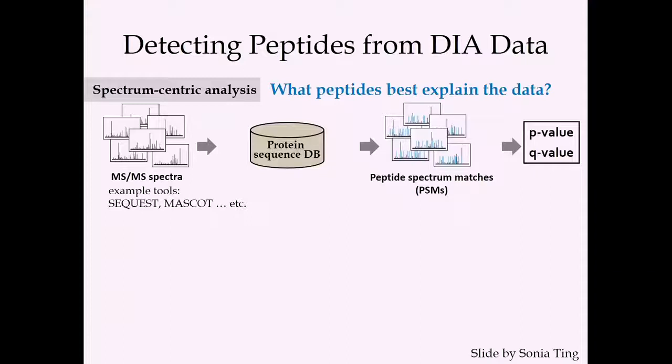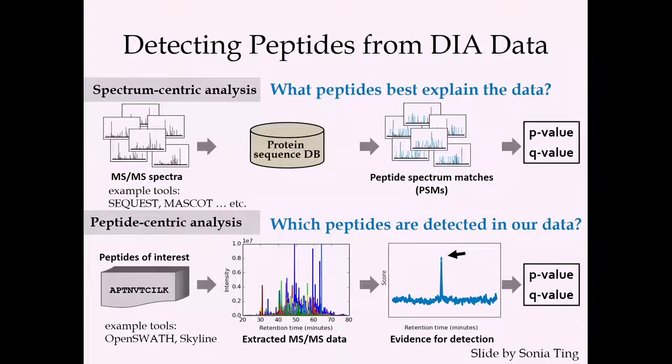So the way she was trying to say it is, if you have spectra and you're trying to query them against a sequence, and then you have resulting scores of peptide spectrum matches, of which you then compute p-values and q-values, if your query unit was spectra, so you're starting with data and looking at sequences, that's probably a good way to call this a spectrum-centric analysis.